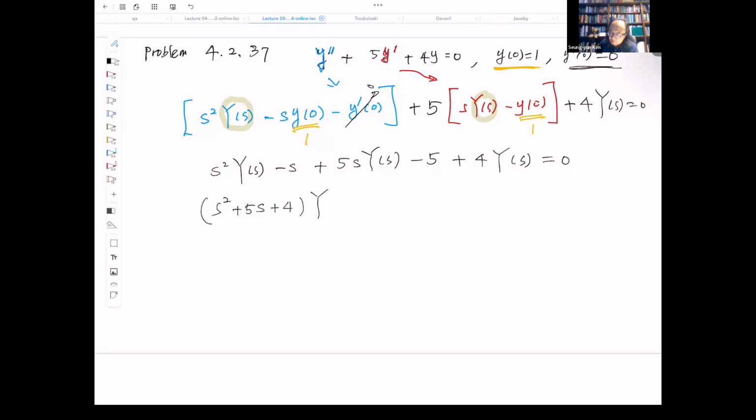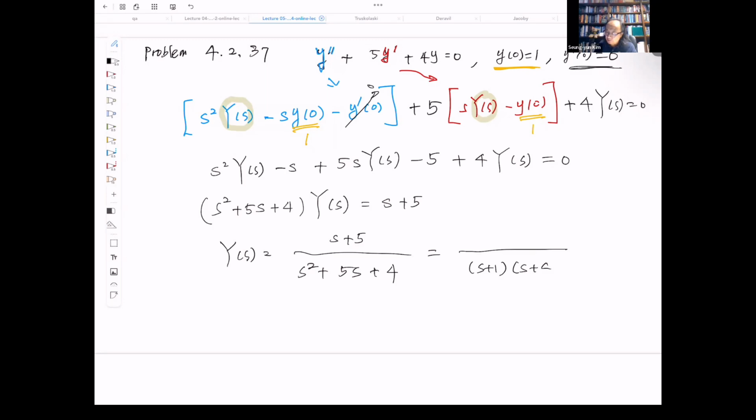That's all for capital Y of s. And the rest moves to the other side, that is s plus 5. And then capital Y of s equals s plus 5 over s squared plus 5s plus 4. The denominator is s plus 1 times s plus 4, and the numerator is s plus 5.